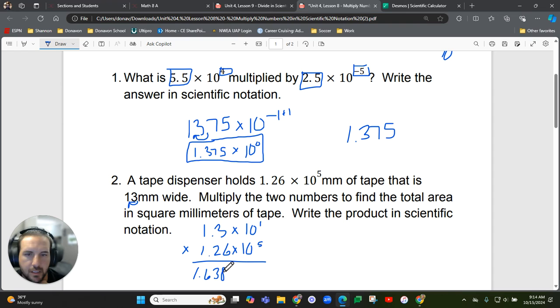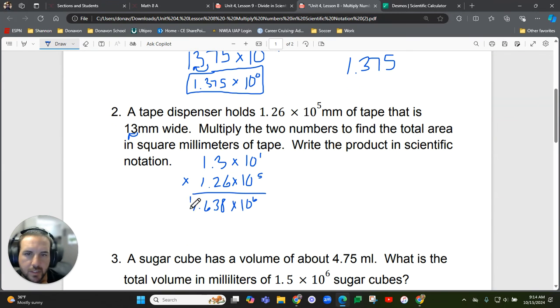Then I add the exponents, so 1 plus 5 is 6. When you multiply those 2 numbers, you get 1.638 times 10 to the 6th, and this is in square millimeters.